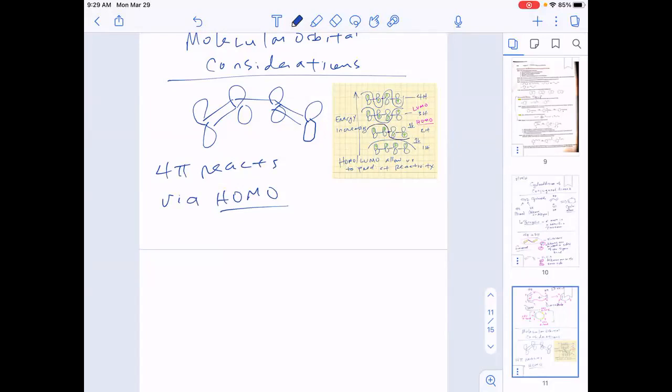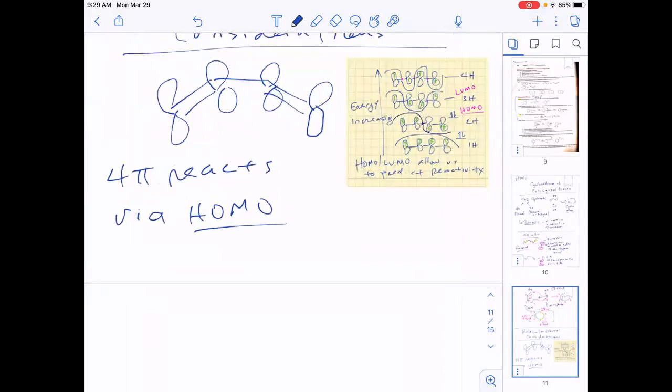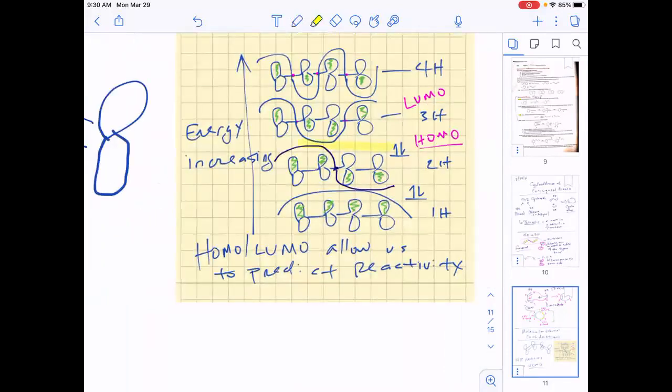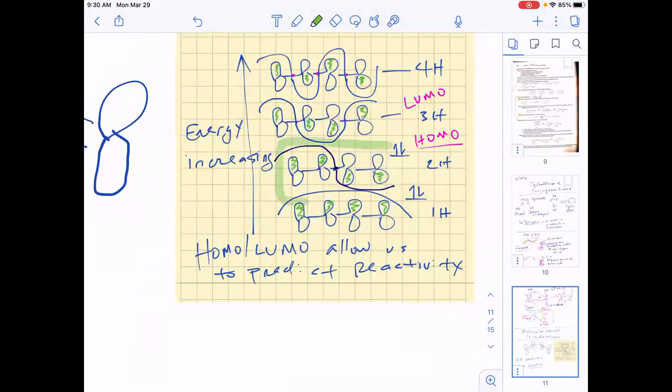The highest occupied molecular orbital. So the HOMO for a 4-pi system, let me zoom in on this. You see it right here? This is the HOMO for a 4-pi system. Are you following?